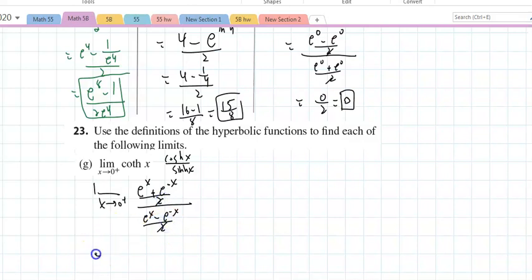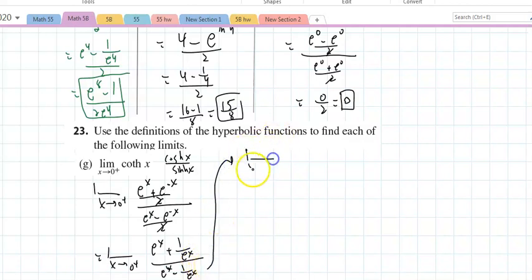The 2's cancel out. This is the limit as x approaches 0 from the right of e to the x plus 1 over e to the x over e to the x minus 1 over e to the x. Couple of ways I could do that. This is the limit as x approaches 0 from the right of e to the 2x plus 1 over e to the 2x minus 1.